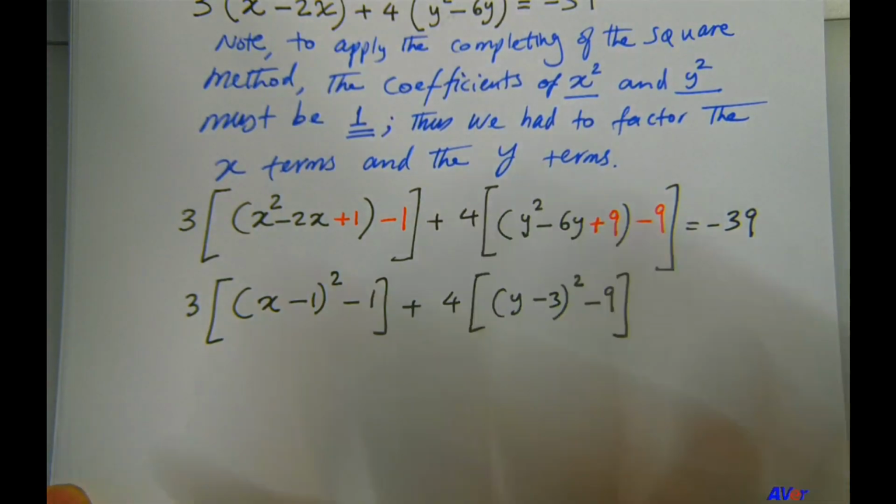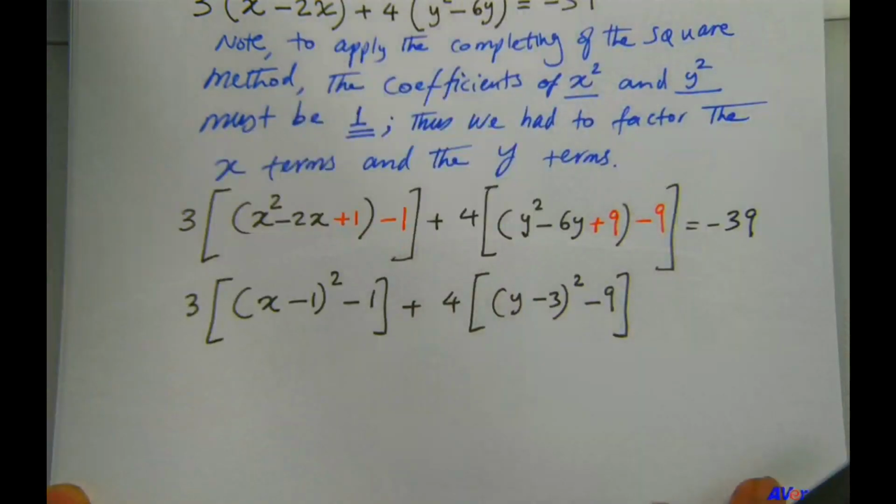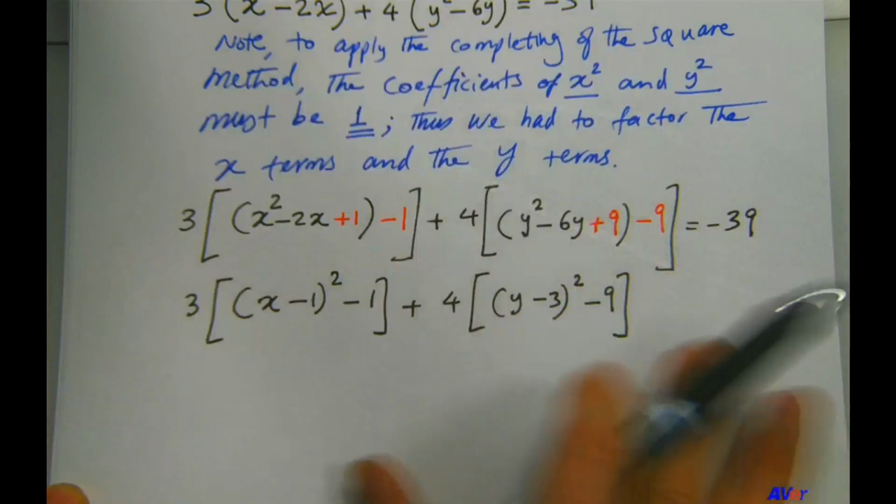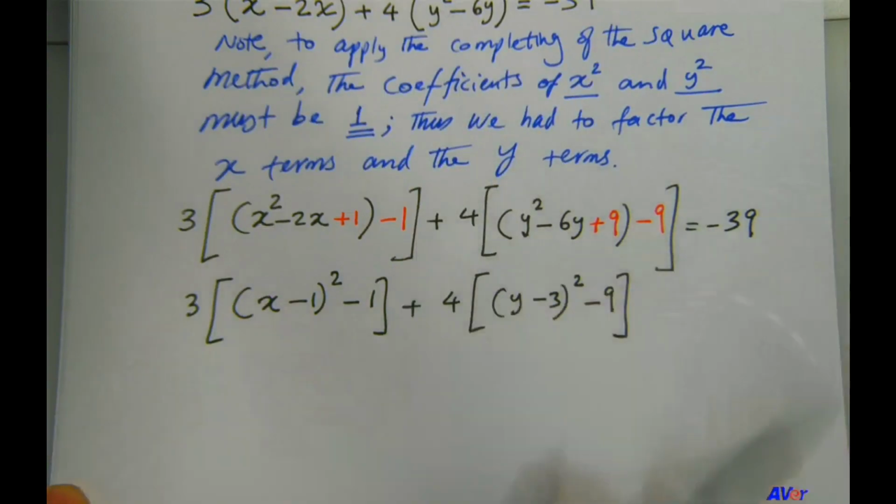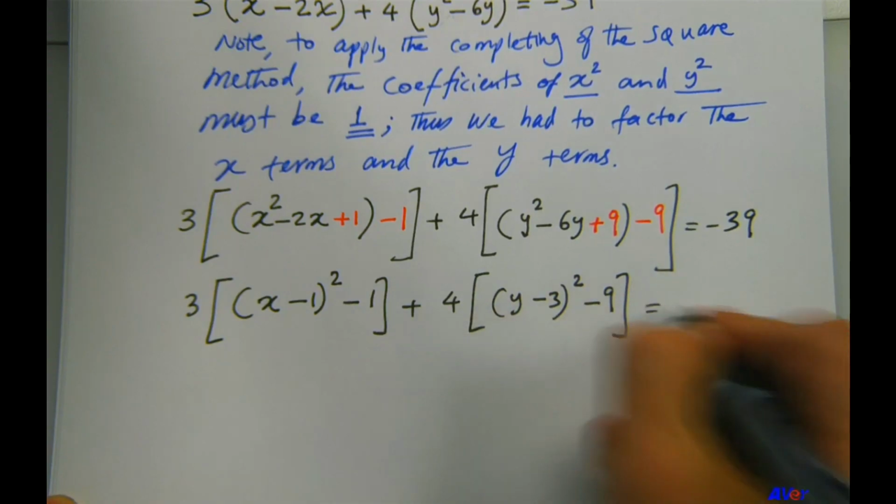So please hang on and watch the entire video. Once I finish talking about 11.4, I will do a quick review on this at the end. I think that should be good enough. And so equals minus 39.